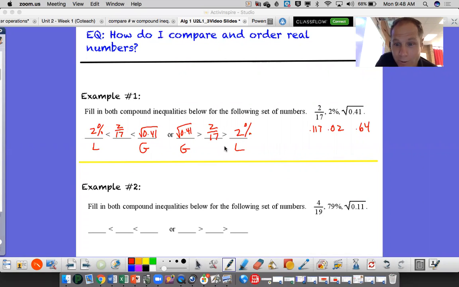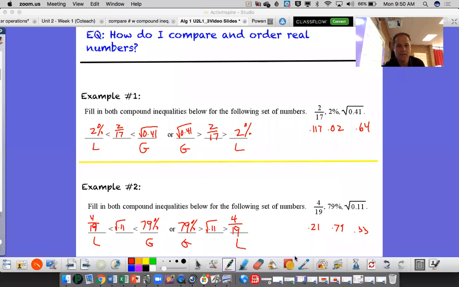The second one, I want you to jot it down. Try it on your own. See if you can get it. Keep in mind, you line up the decimals if you need to determine which one's bigger or smaller. Remember, the bigger the negative, the smaller the number. You ready? There's the answer to the second one.